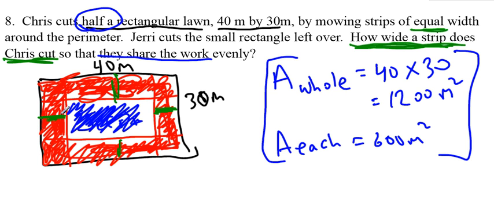So whatever this width is matches this width and is the same as this measurement and this measurement. And I don't know what it is, and usually that's when we introduce a variable. So the first step of this question is going to be to define a variable. We'll probably call it x, and x is going to represent the width that Chris cuts. So let's go ahead and start to formally answer this question, and then we'll see where to go from there.